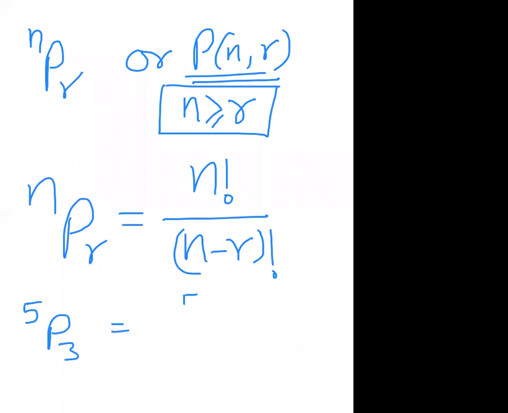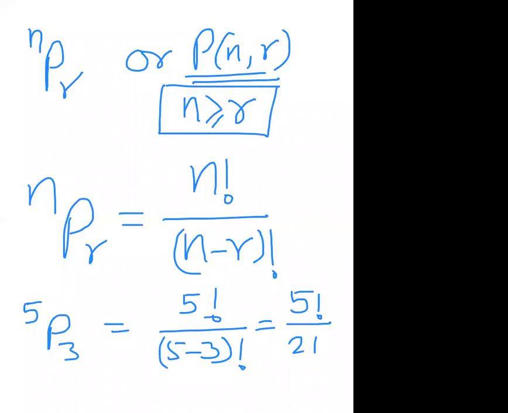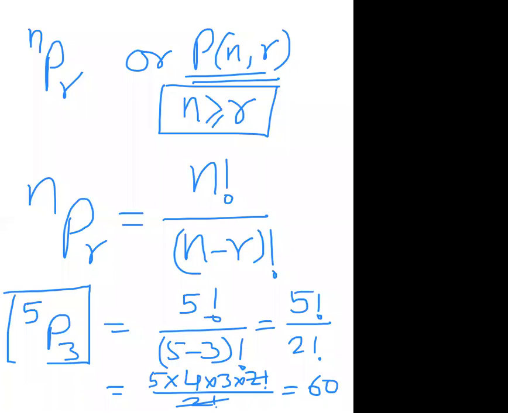Then it will be 5 factorial upon 5 minus 3 factorial, that is 5 into 4 into 3 into 2 factorial upon 2 factorial. This will get cancelled. 60 will be the value of 5P3.